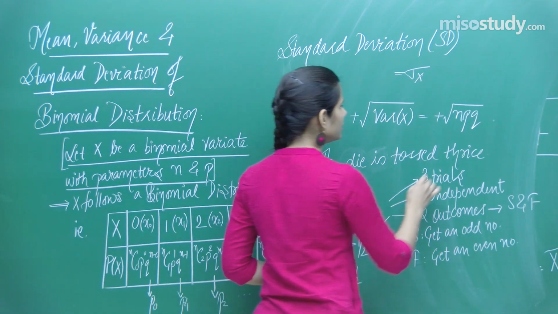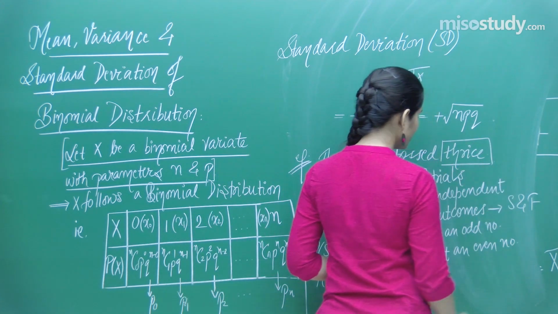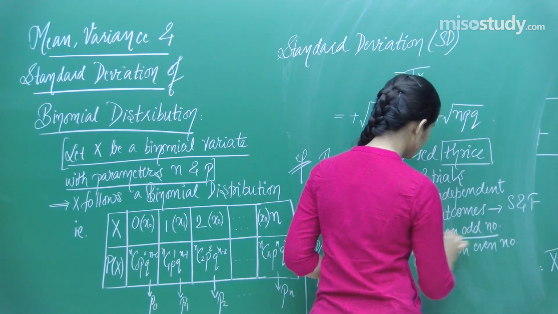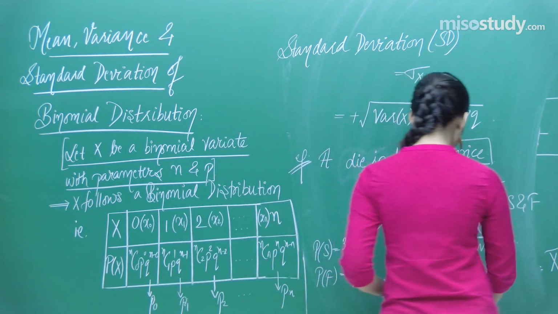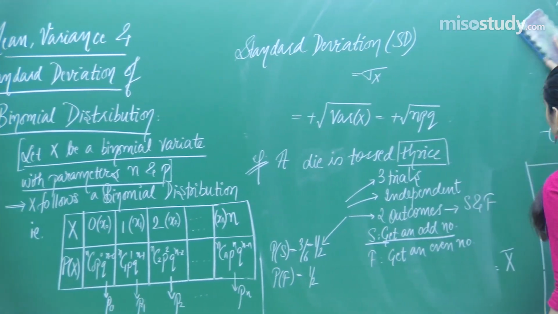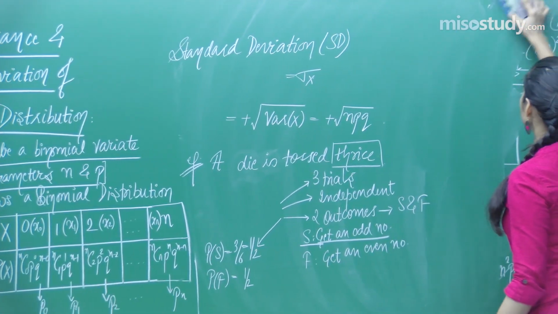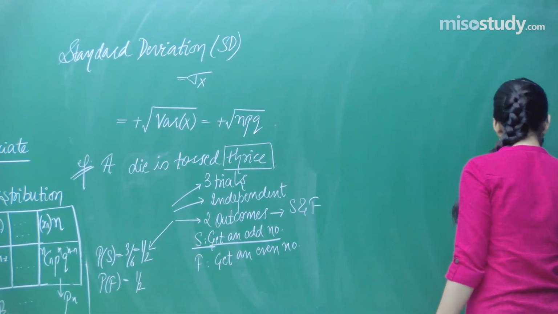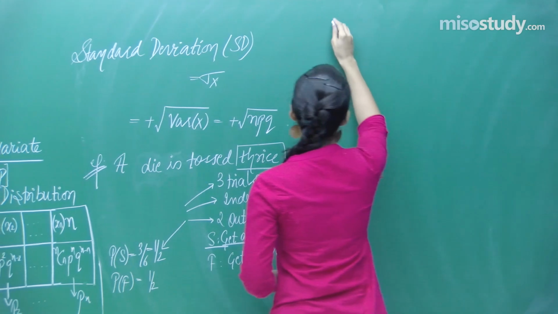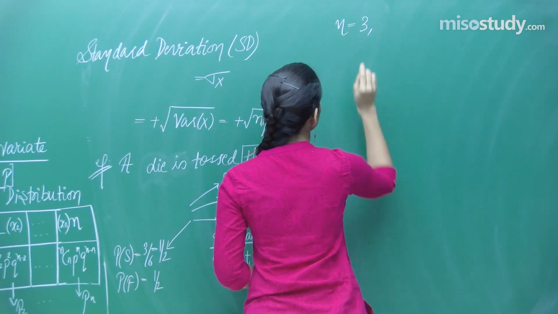You were given that getting an odd number is a success, and that the experiment is performed thrice. That means n, the number of Bernoulli trials, is 3.